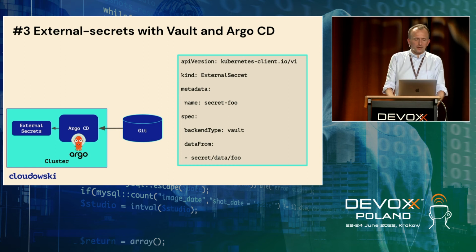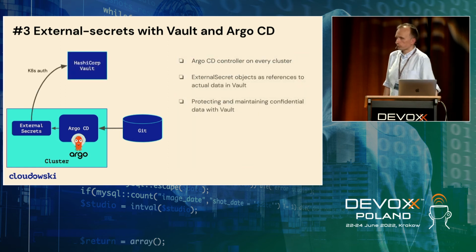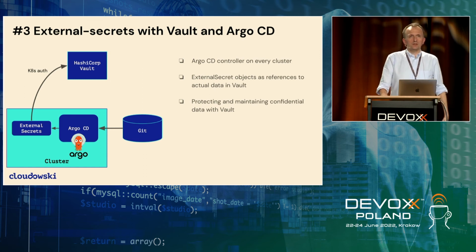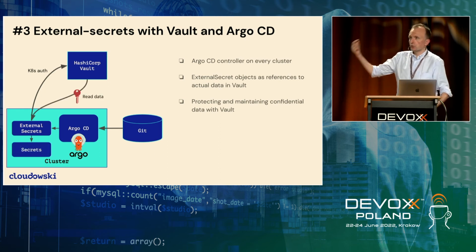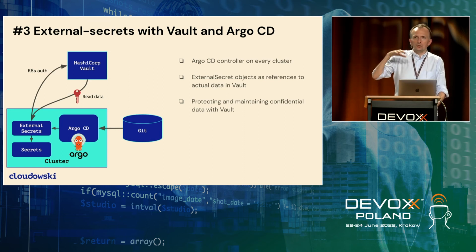And as you may expect, this something else is HashiCorp Vault. And external secrets just download all the data that is required for our apps, and then, which is very simple, it just transforms this data to some secrets.